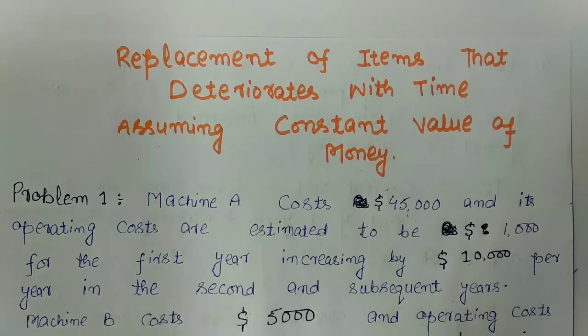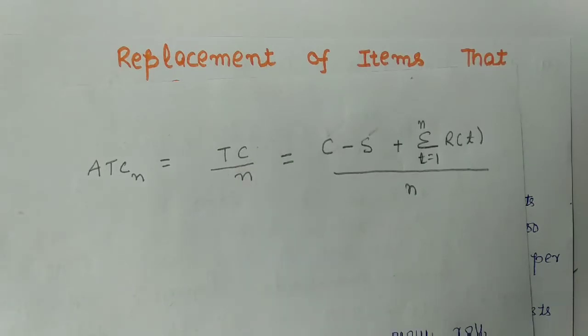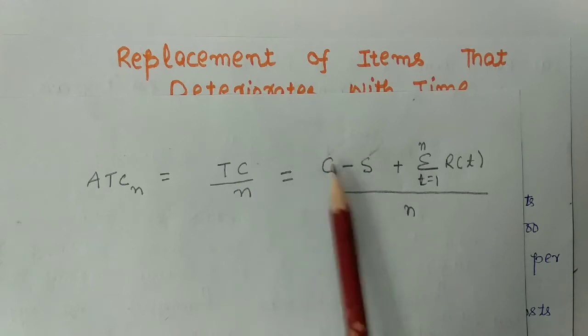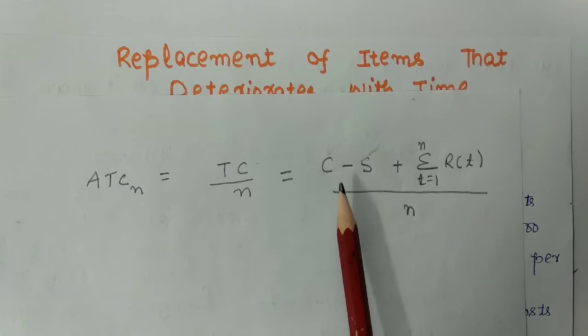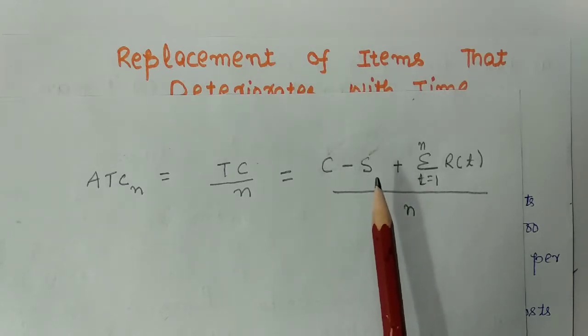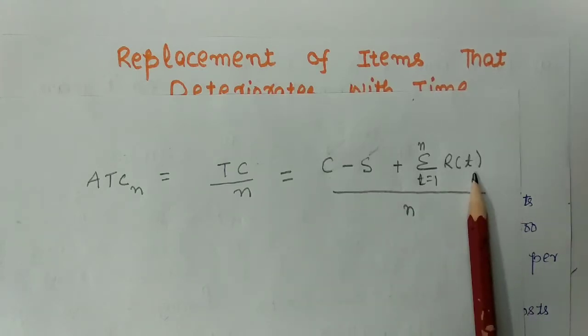Now in average cost we need total cost and number of years for service. Okay, now the total cost is equal to C minus S plus the summation of RT, where C denotes the cost or purchase cost of new equipment, S denotes the scrap value or resale price, and RT denotes running cost.